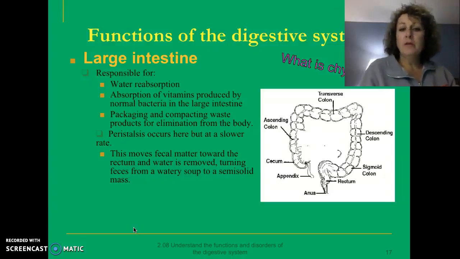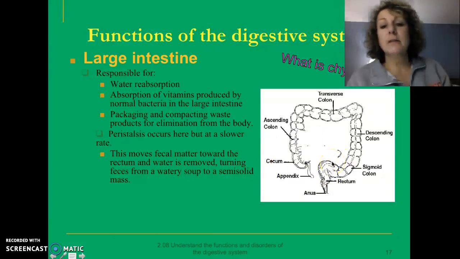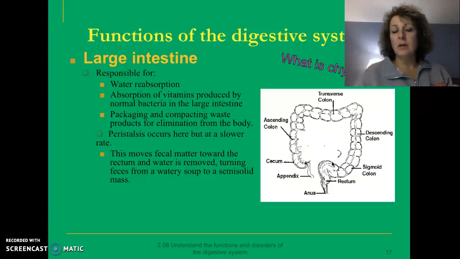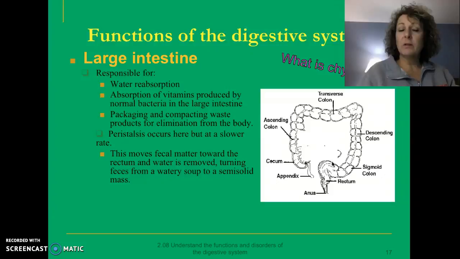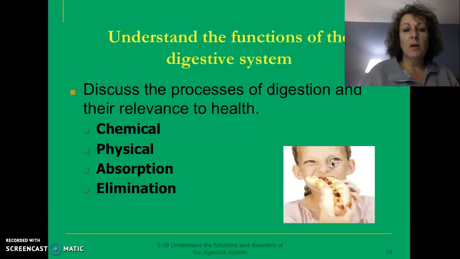Okay, peristalsis is also here as well, but it's a little slower. And it moves that fecal matter towards the rectum, as you can see on here, and then of course you get rid of it. It removes a lot of the excess water, and then it turns into that semi-solid mass.